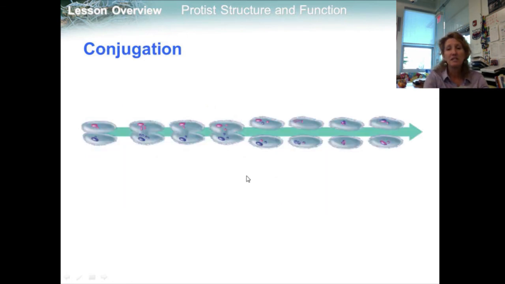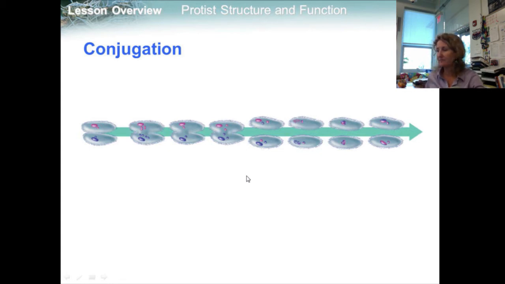Paramecium and most ciliates reproduce asexually by mitotic cell division. However, under stress, paramecium can remake themselves through conjugation, sort of like bacteria can do, a process in which 2 organisms exchange genetic material. After conjugation, the cells then reproduce by mitosis.